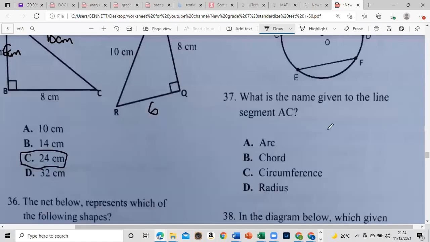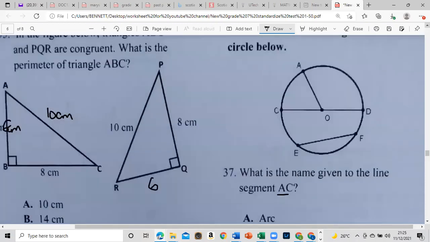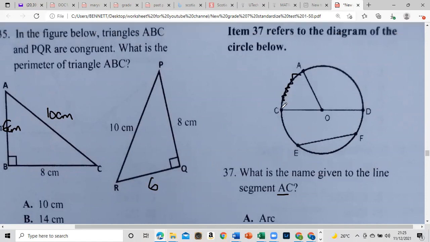Alright, what is the name given to the line segment AC? So let us just go back to the table, one more table, and the circle. AC, so that is this line right here. So it's a fraction of the circumference, so that makes it an arc.